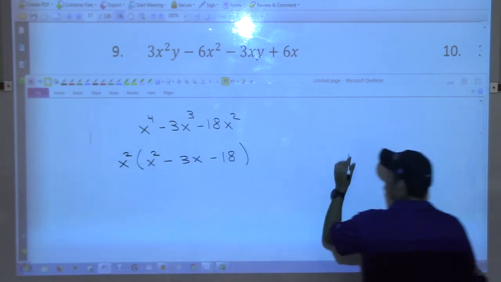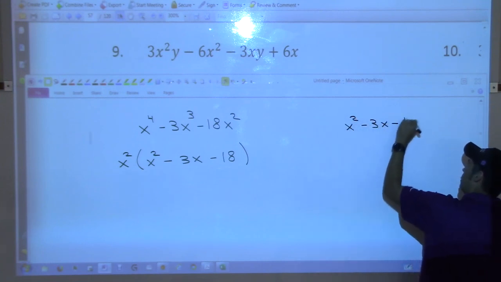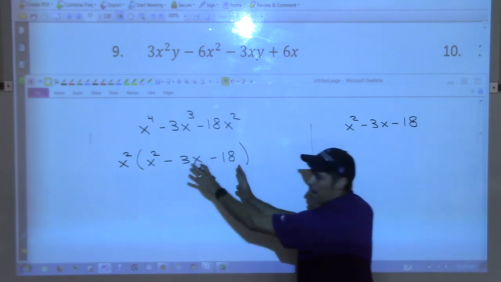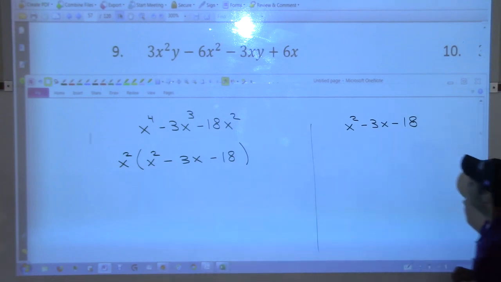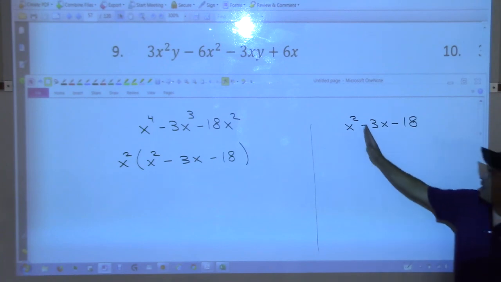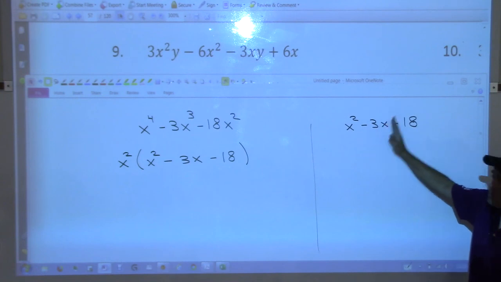I'm going to do it on the side here. The whole goal is to try and break this down, somehow factor that. So I'm doing this on the side like scratch work, and I'll come back and put my answer over here. So we have 3 terms. We want to make sure that it's in descending order, which means you have to have the highest power of x and then down. So x squared, then x, then no x's.